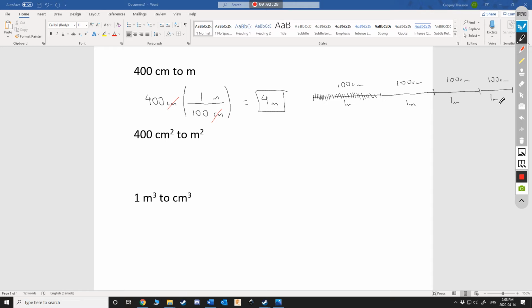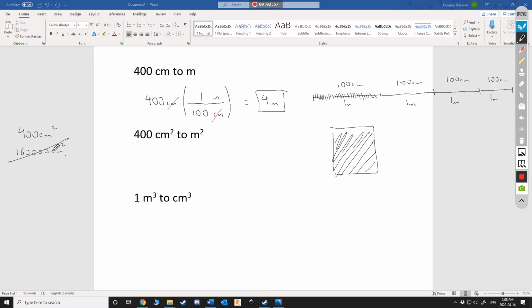Now for area, we have to think a bit differently. With area, we're talking about some type of surface. The first one was length. One mistake I did see some people making, when they see something like 400 centimeters squared, a few people were incorrectly squaring that 400. They're saying 400 squared is 160,000.